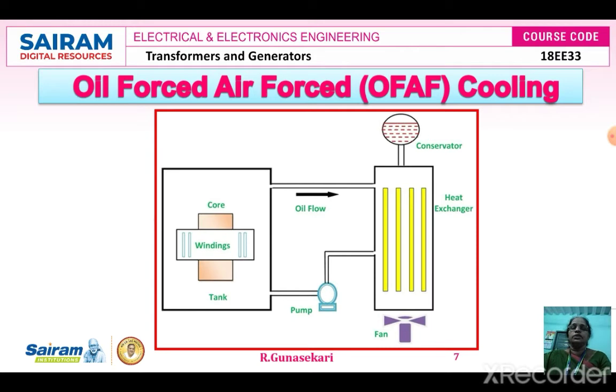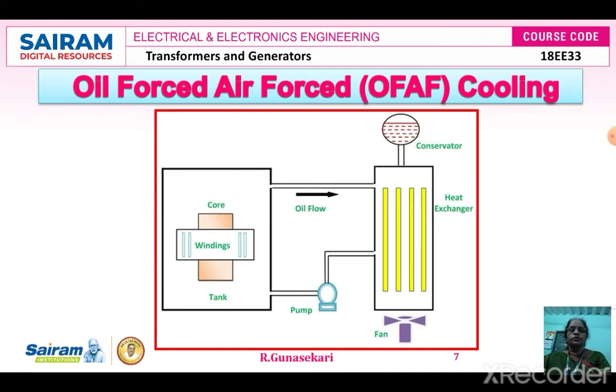The next one is oil forced, air forced cooling. Now you see the circuit diagram. In this method of cooling we are using a heat exchanger. The heat exchanger is installed at the outside of the transformer tank, which is connected to the transformer through pumps, fans and blowers, which is shown in the circuit diagram, the oil flow diagram.